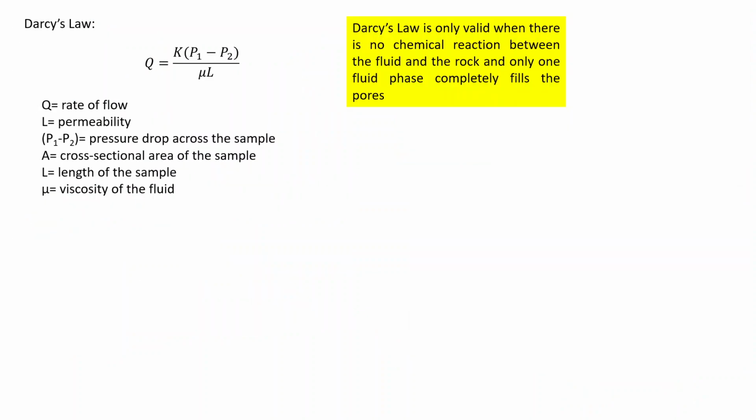Darcy gave this law for the dynamics of fluids, and he gave a formula. You should remember this formula: Q is equal to K A (P1 minus P2) upon mu L, where Q is the rate of flow, K is permeability, delta P is the pressure drop, A is the cross-sectional area of the sample, L is the length of the sample, and mu is the viscosity.